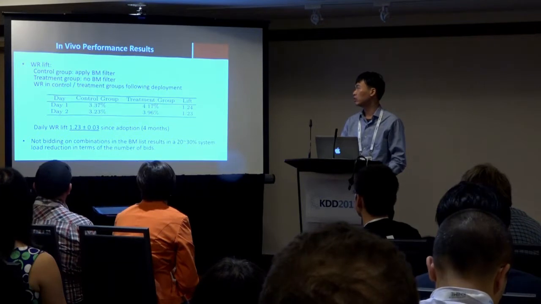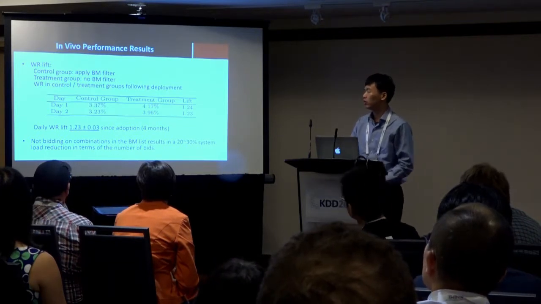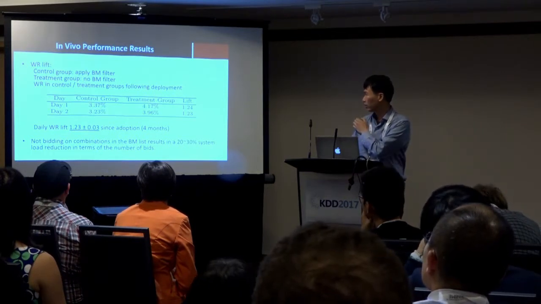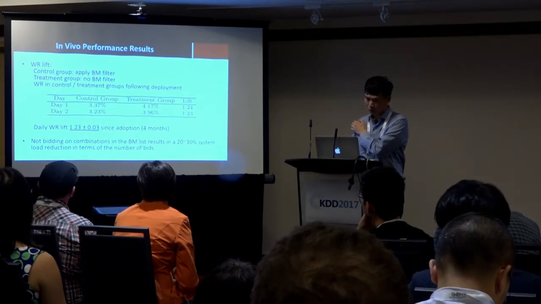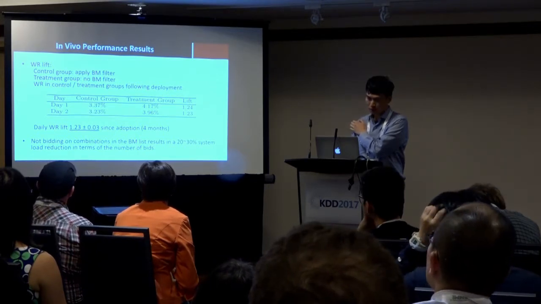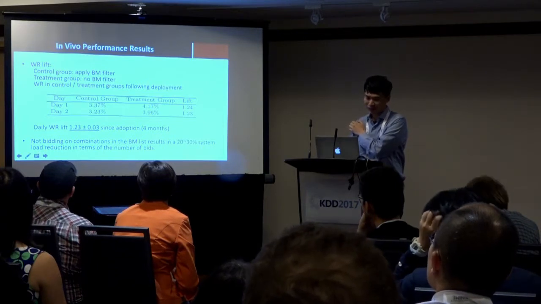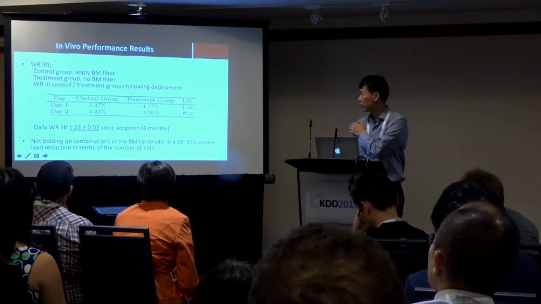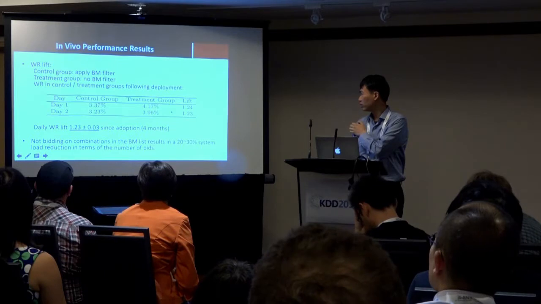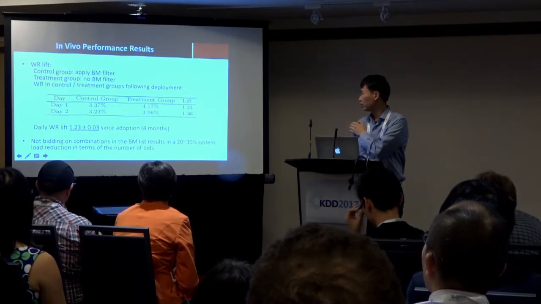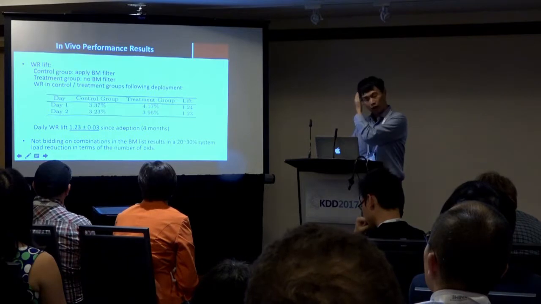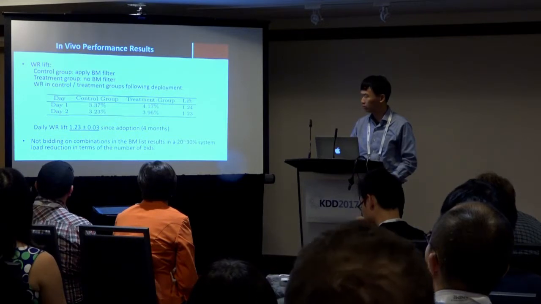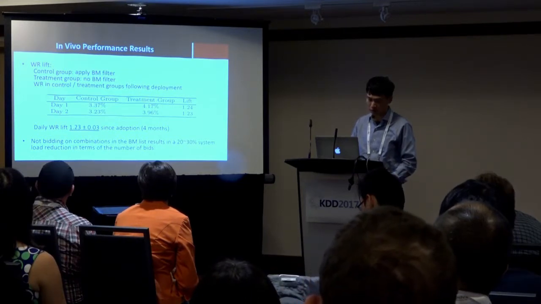So one simple comparison is the win rate difference between the control group, where you don't apply the filter, and the treatment group, where you apply the filter. There's a mistake here. When you apply the filter, the win rate is actually much higher than when you don't. You can see there's about a 24% lift on the first 2 days, and we've deployed this for 4 months, and on average, applying this filter gives you about 23% lift on the bidding win rate.